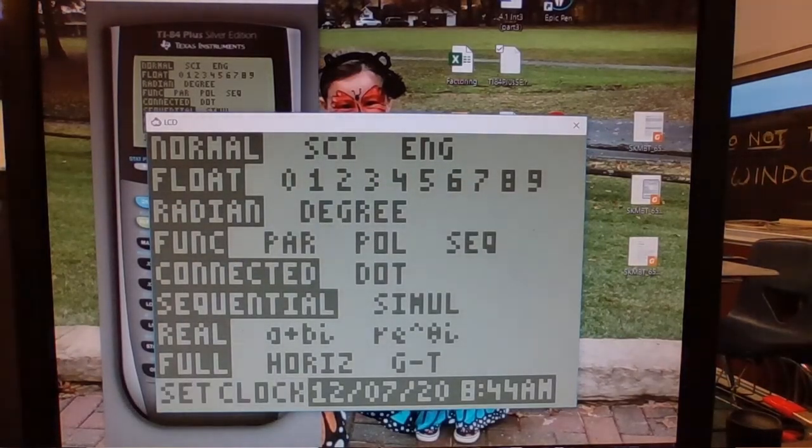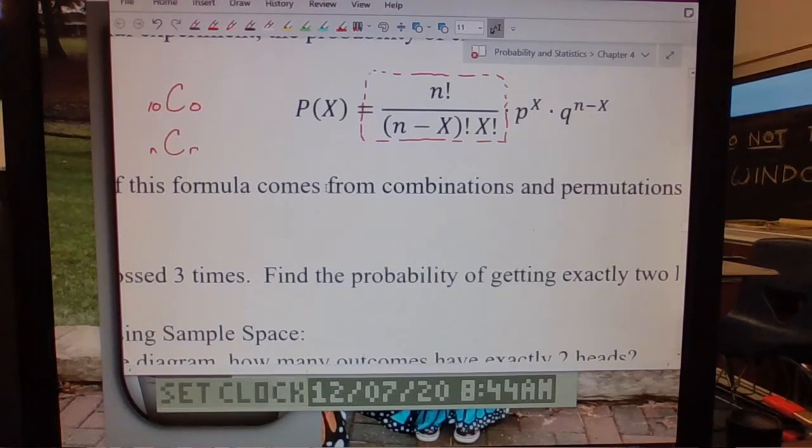Okay, so what does this mean to us? Let's think about this. How many different ways could I do 10 combination 1? Meaning, how many different ways could I take this quiz and get one question right? 10. 10 different ways.